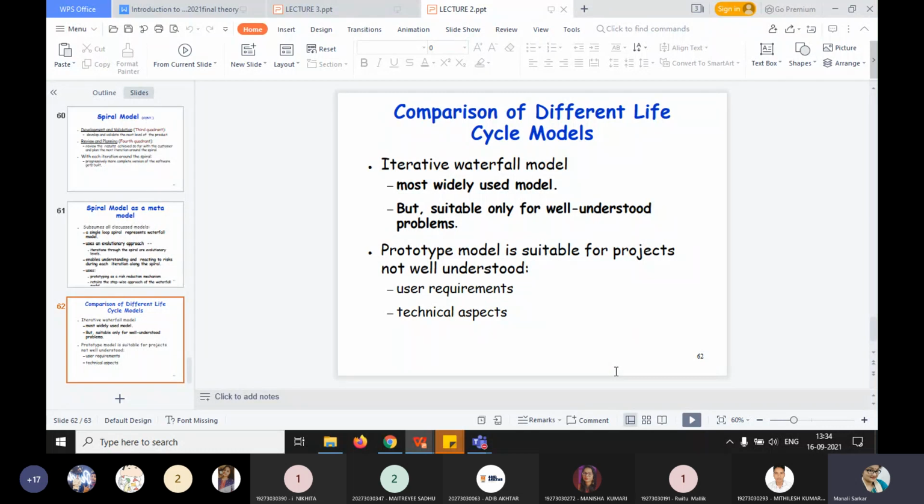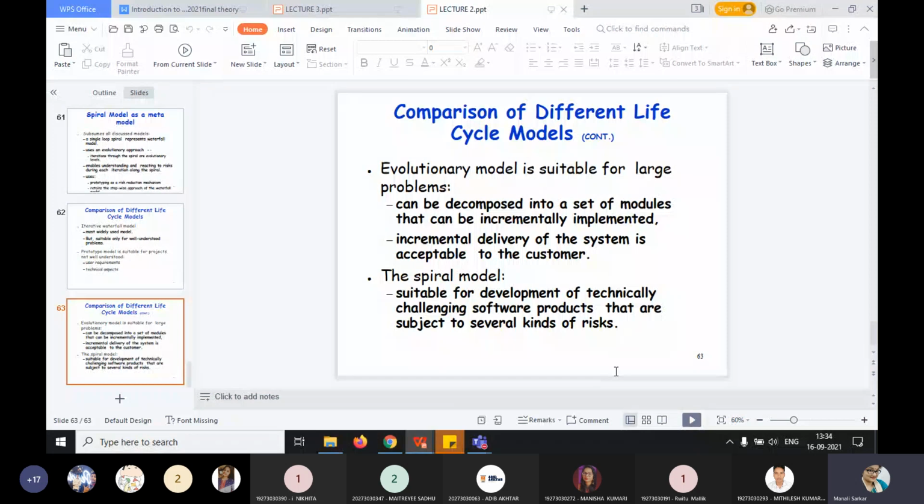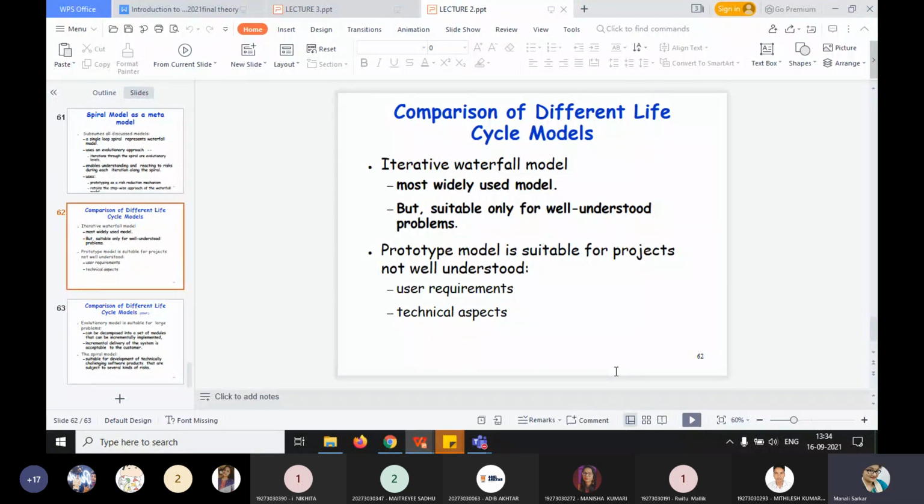So, comparison of different life cycle models. We have understood and discussed all of them. Now let's compare all the life cycle models. We have discussed five types of life cycle models in this chapter, and we are going to compare each one and check which one to follow and when.